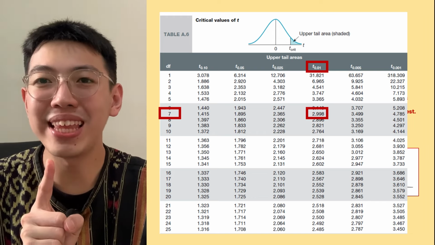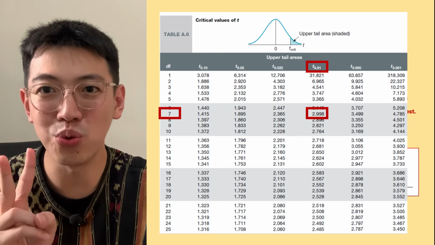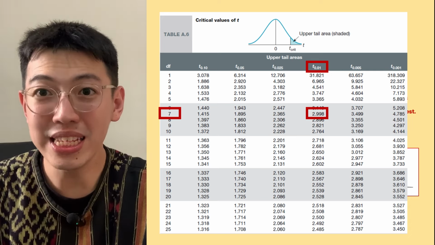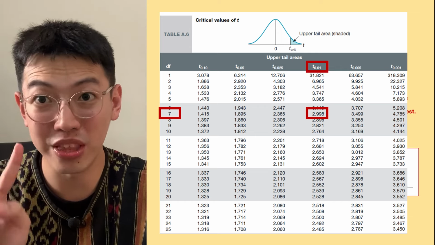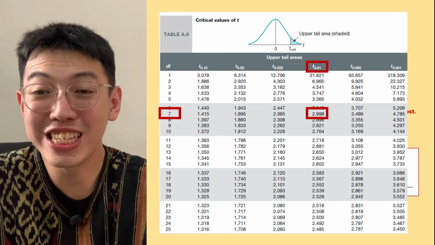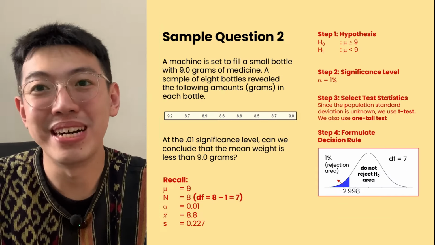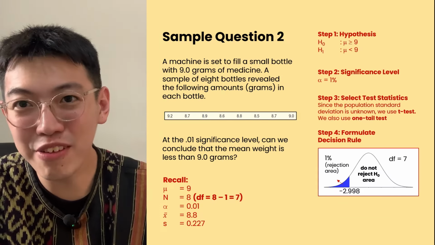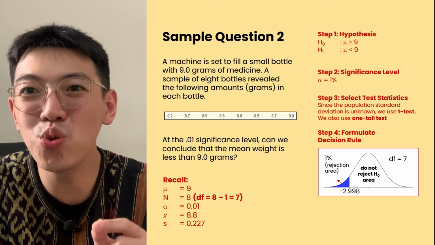Remember, if it is a one-tail test, you don't need to divide the significance level by 2. But if it is two tails, you need to divide the significance level, or the alpha, by 2. We can find here that the t critical is 2.998. But since it is on the left side, don't forget to put the negative sign. It will be minus 2.998.